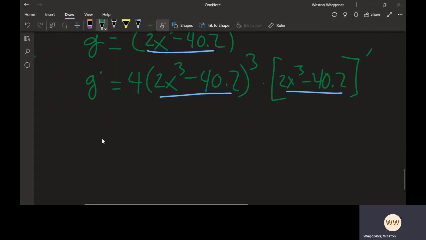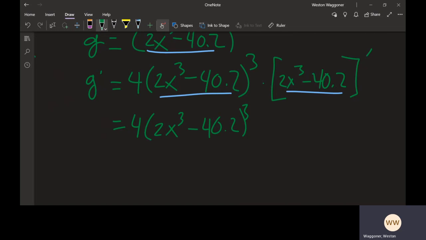So we got 4 times 2x to the third power minus 40.2. Okay, so this is again that sum rule, really different because of the negative sign, but what's nice is that we're going to take the derivative of that 2x to the third separate from that negative 40.2.